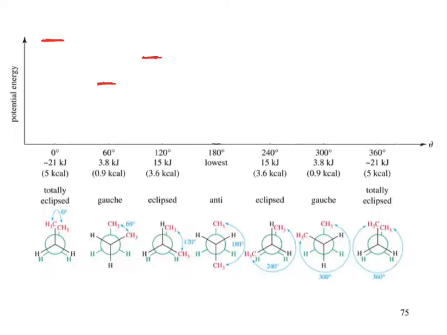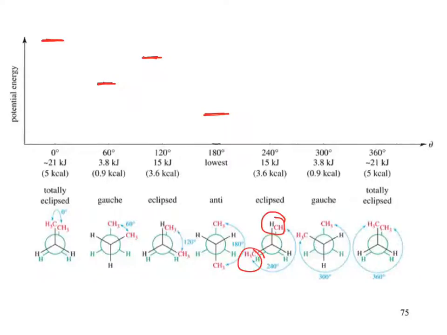What's the next one? Low in energy again. Where low in energy? The lowest it can go. The next one. It's going to go back up to where? Which eclipsed? The second one. Because again, look at the interactions. Sorry.